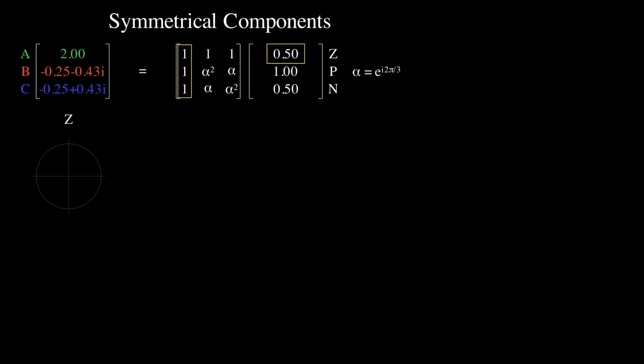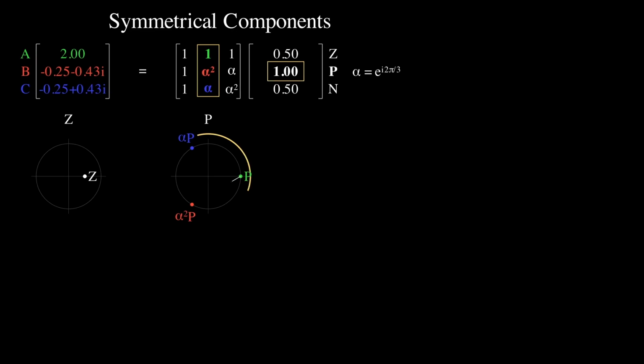Multiplying z down the left column of the matrix outputs 3 points in the complex plane that are all equal to z. Multiplying p down the middle column produces 3 points that form an equilateral triangle in the complex plane. Consider all green points associated with A, all red points associated with B, and all blue points associated with C. Then tracing a triangle from A to B to C on the P chart draws a triangle in a clockwise manner, and I will arbitrarily refer to this as a positive rotation for the naming of the P component.